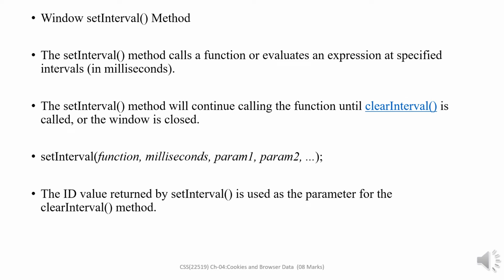Window setInterval method. The setInterval method calls a function or evaluates an expression at specified intervals in milliseconds. The setInterval method will continue calling the function until clearInterval is called or the window is closed. Syntax: setInterval(function, milliseconds, param1, param2).